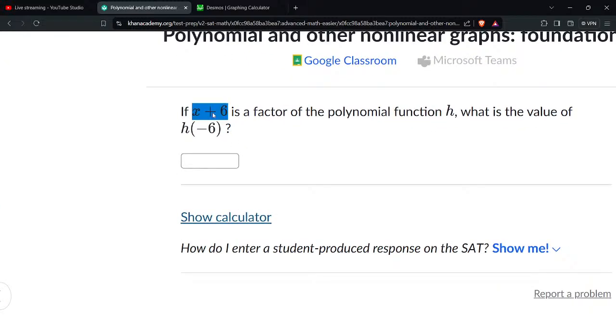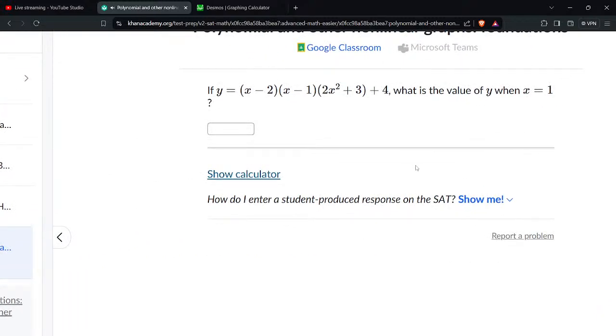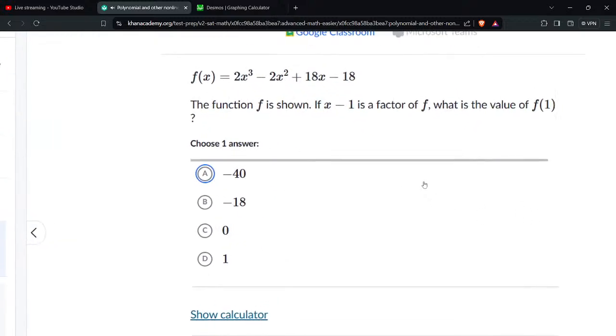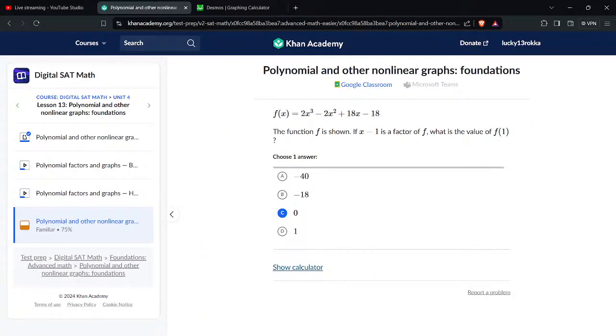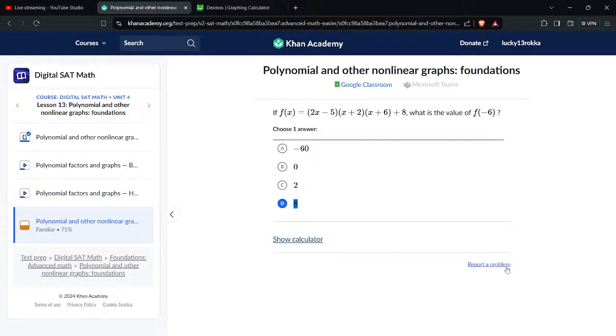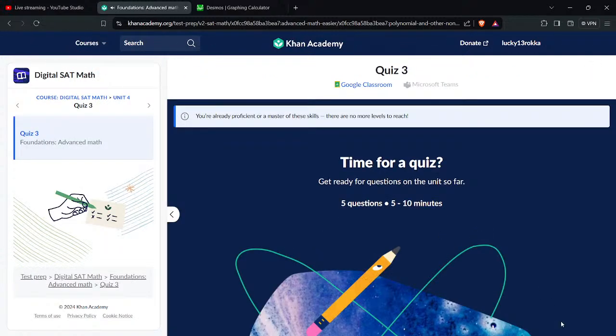Factor 6 is a factor. Function at 0. Pull. Yeah, quiz 3.